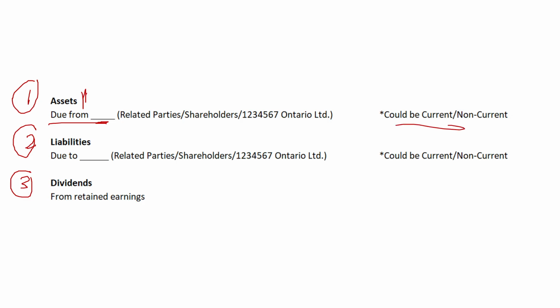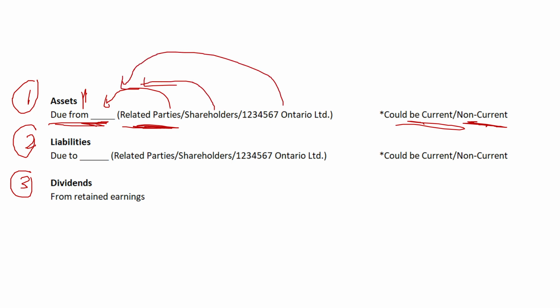Okay, it could be current assets or non-current assets, but you're going to see something called due from, and it could be called anything. It could be called related parties, due from related parties.